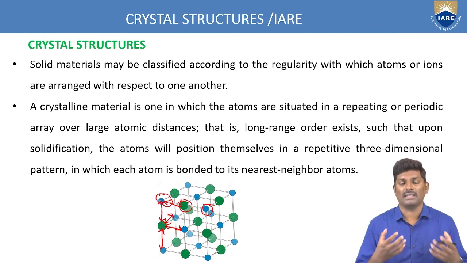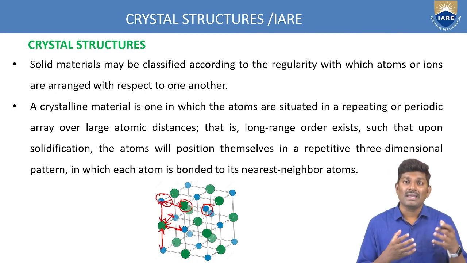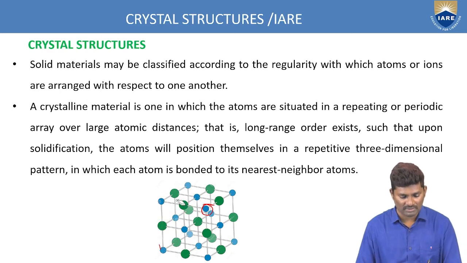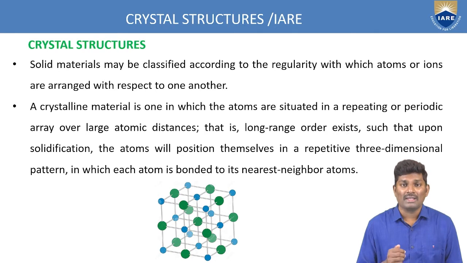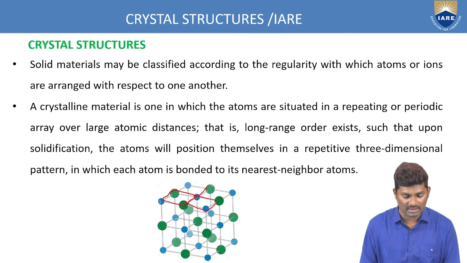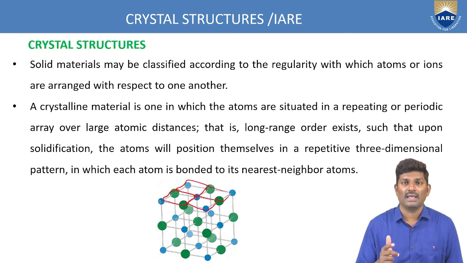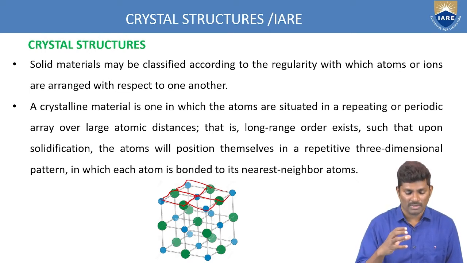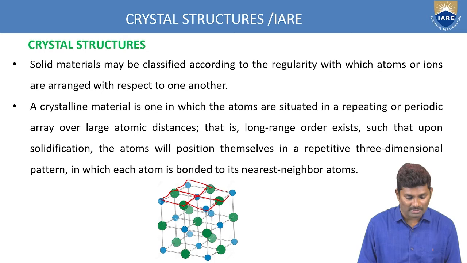So all these categories describe a crystal structure. First, the atoms should be situated in a repeating periodic array. The other category is that there should be order, and each atom should position itself repetitively.